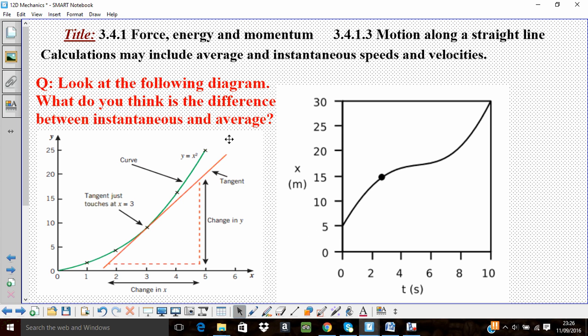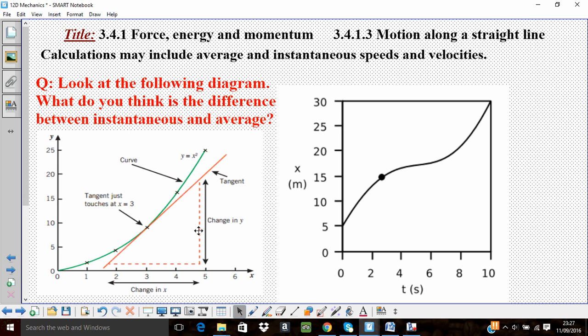Practically, what we need to do is draw a tangent at the specific point that we need to analyze. So we want to see the speed of that object at 3 meters from the origin. I'm drawing a tangent, and then I will create my triangle that will allow me to calculate the slope of this specific motion.